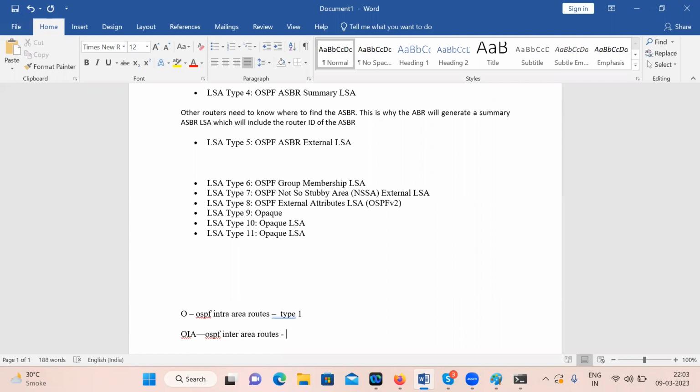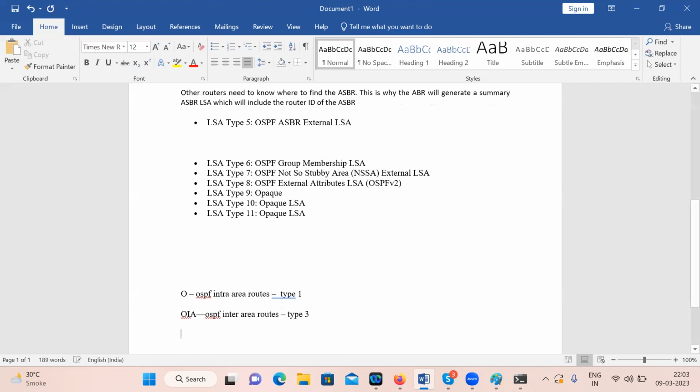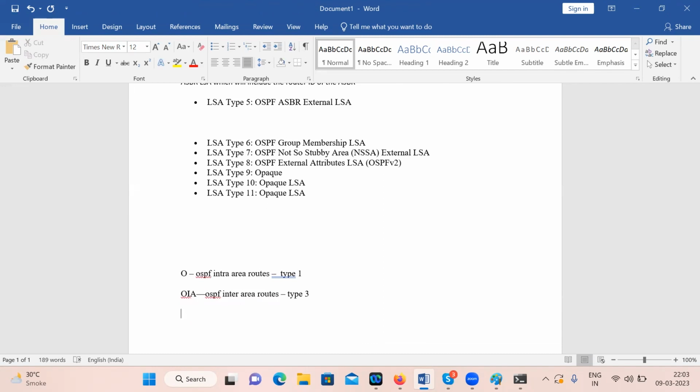For example, if your router belongs to area 1 and you are receiving a route from area 2, who is responsible for flooding that information? Type 3. Very good. Type 3 LSA. Only the ABR router is responsible for exchanging a route from one area to another area.